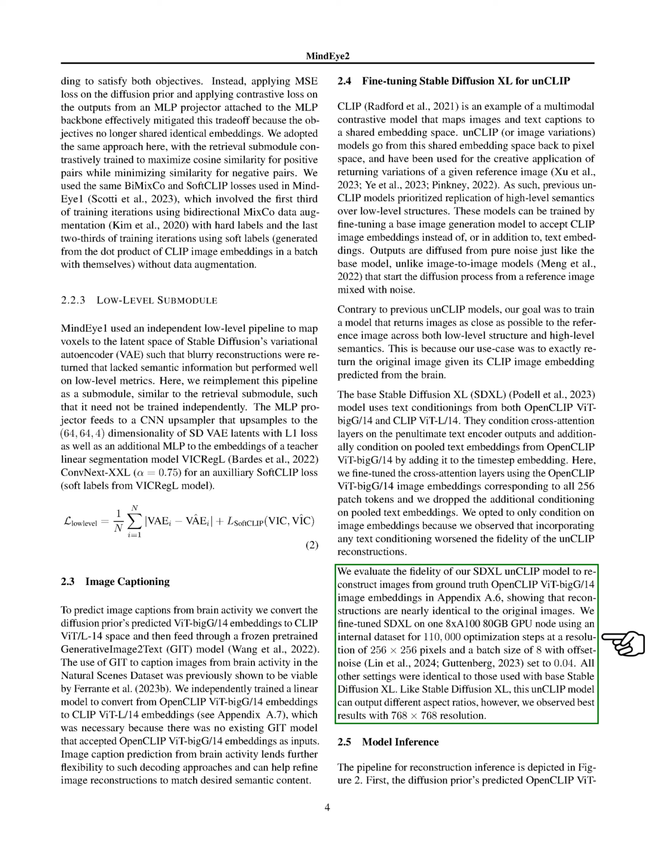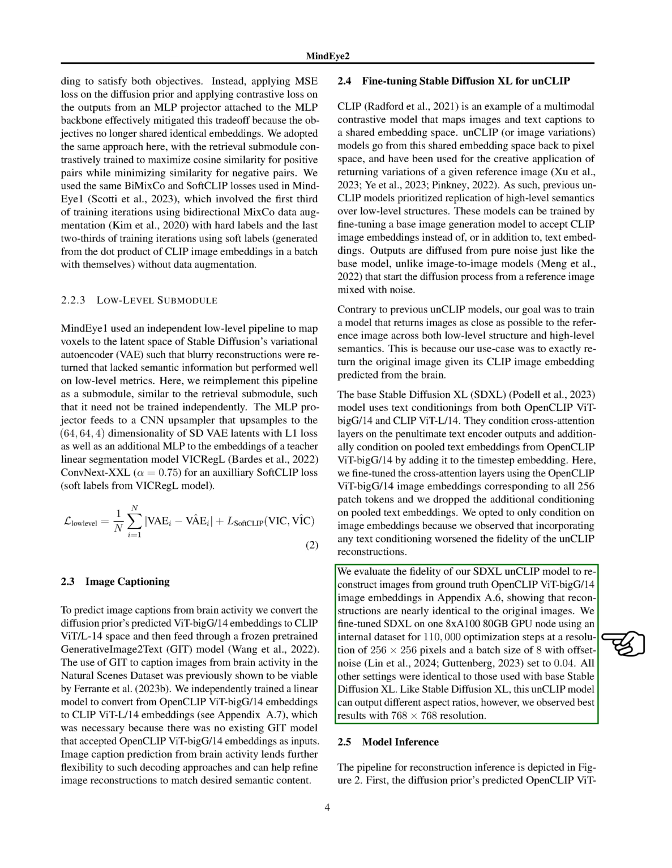We fine-tuned the SDXL model on a GPU node using an internal dataset and specific optimization steps. The model can output images of different aspect ratios, with the best results observed at a resolution of 768 by 768 pixels.